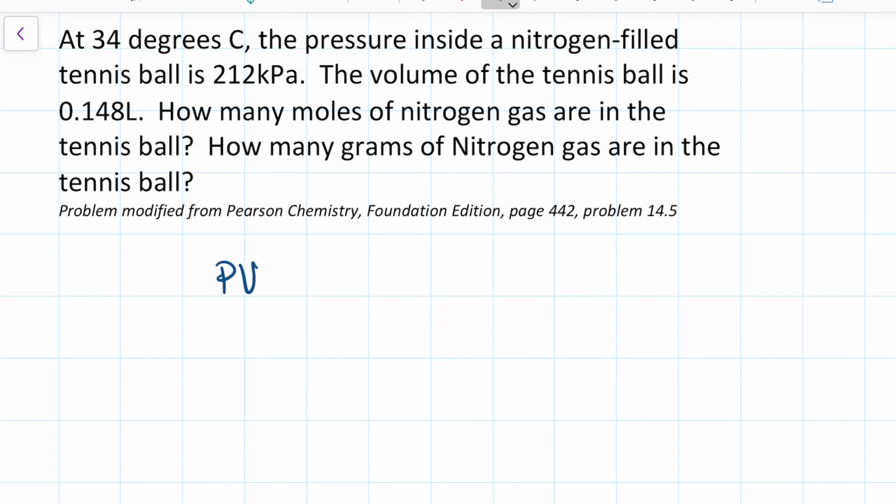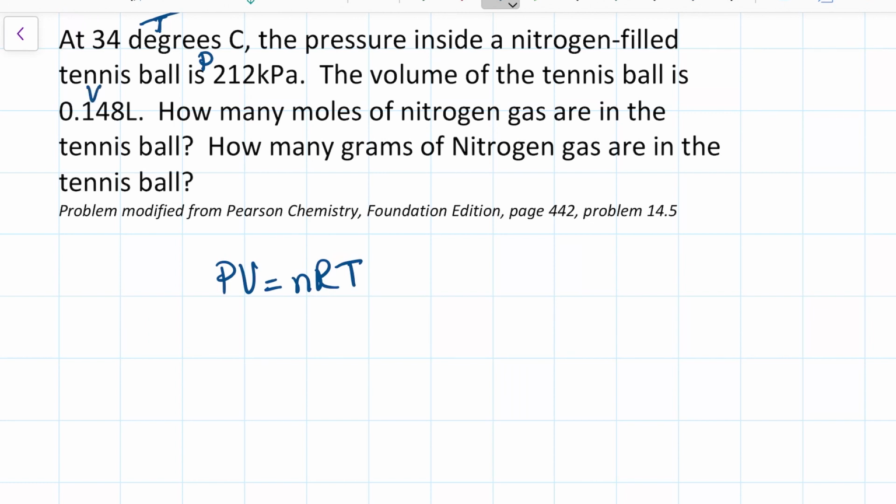Let's take the ideal gas law now and apply it to this problem. I got this problem from the Pearson Chemistry Foundation edition book on page 442, and I modified it slightly. It says right here at 34 degrees Celsius, so there's our temperature. The pressure inside a nitrogen-filled tennis ball is 212 kPa.